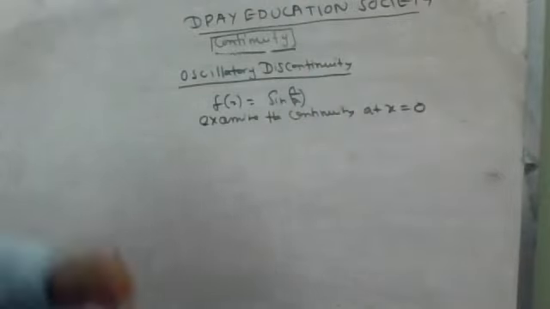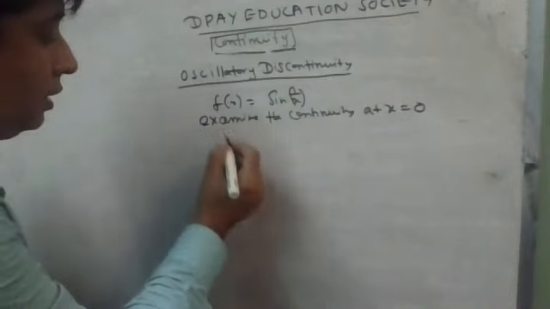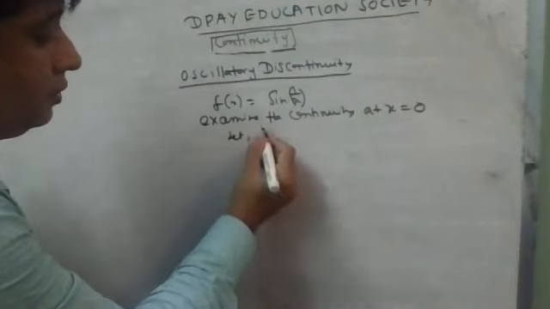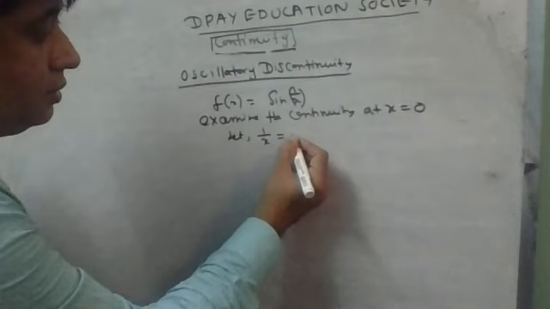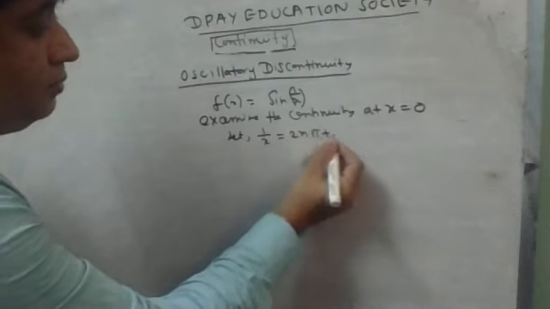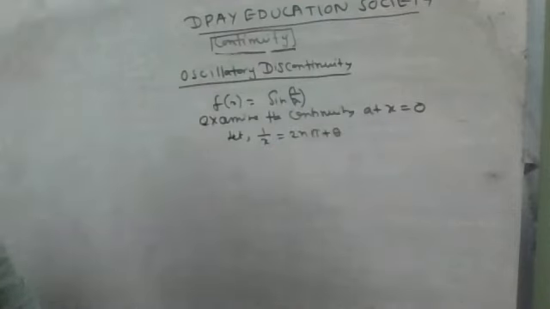See, let 1 by x is equal to 2n pi plus theta.